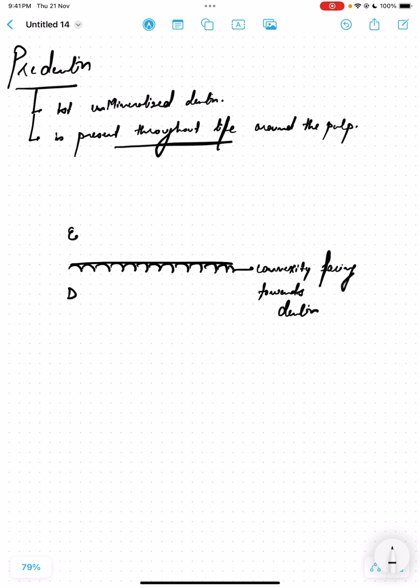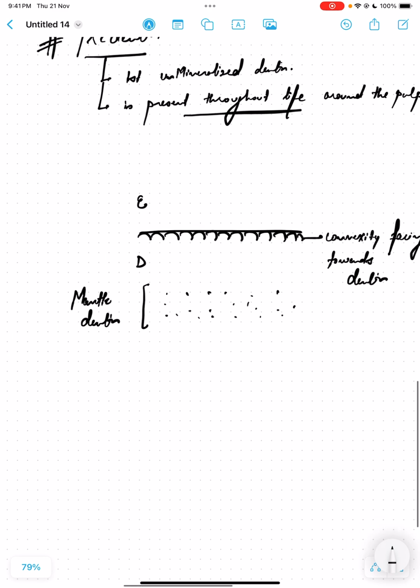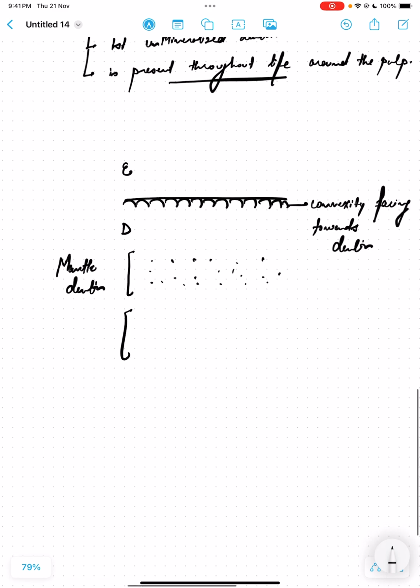Just immediately below the enamel, the first layer is called mantle dentin, and beneath the mantle dentin we have the circumpulpal dentin.